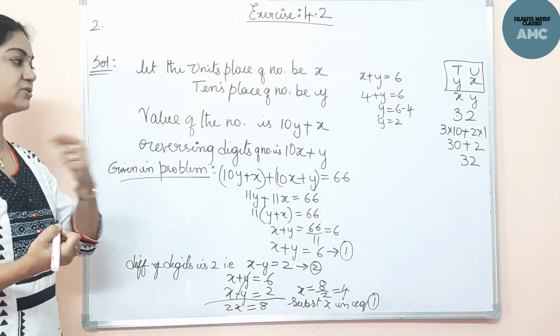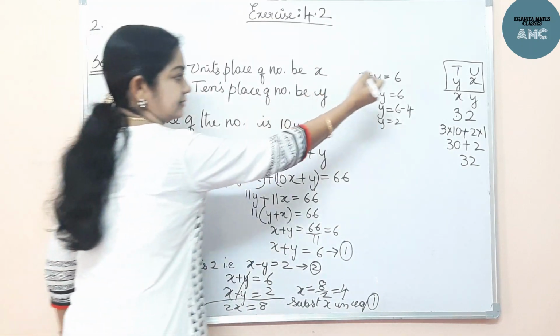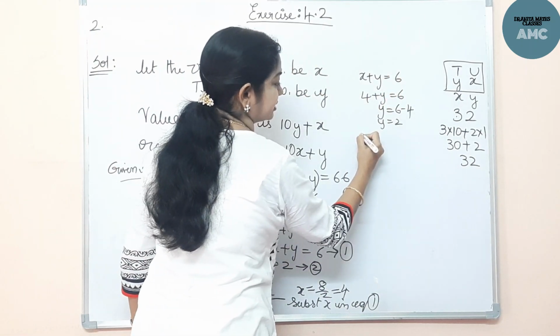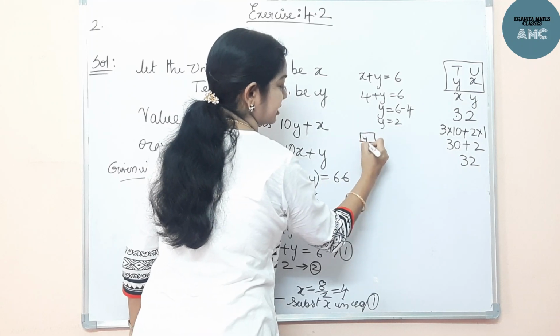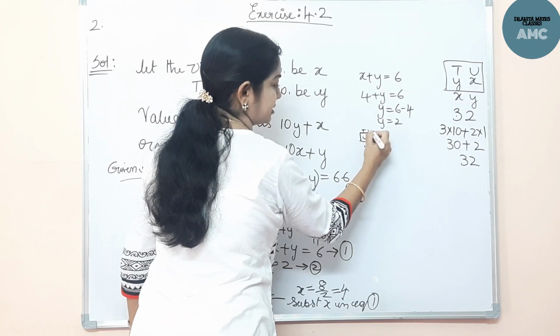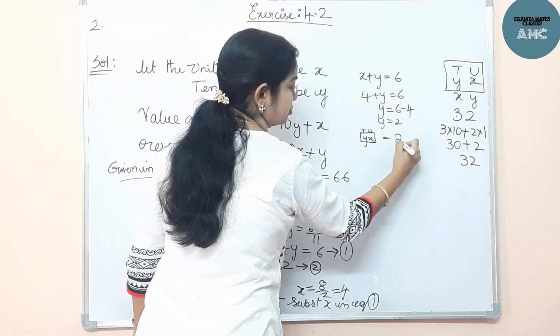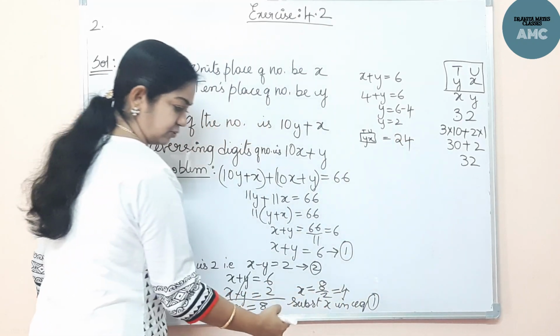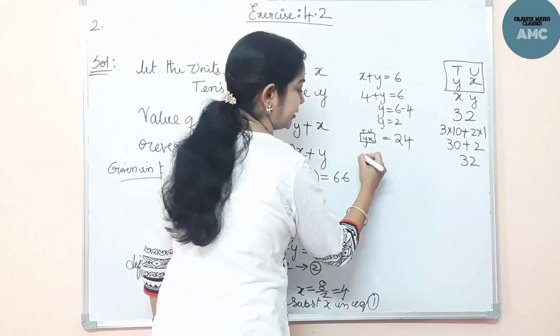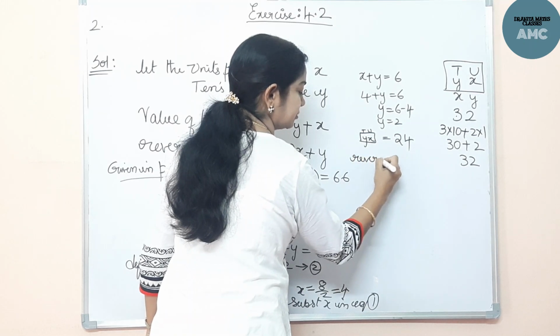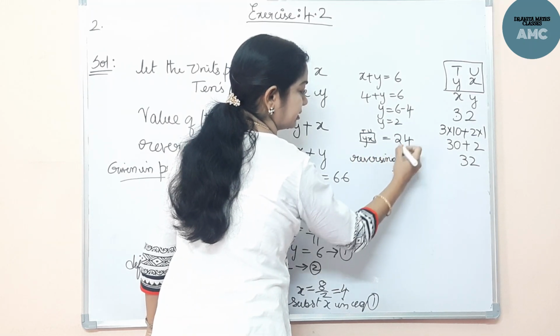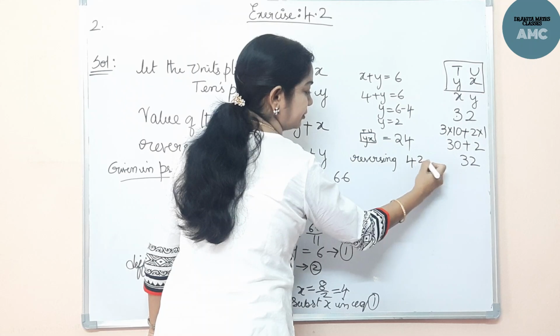What we supposed is that the two-digit number is yx, with y in the tens place and x in the units place. That means 2 and 4. X is 4, isn't it? 2 and 4. And reversing the number, it comes to 4 and 2.